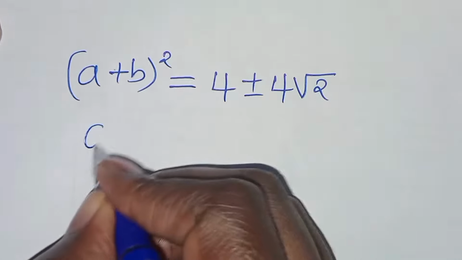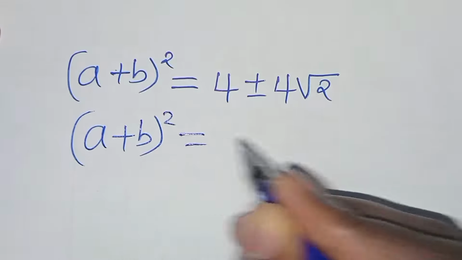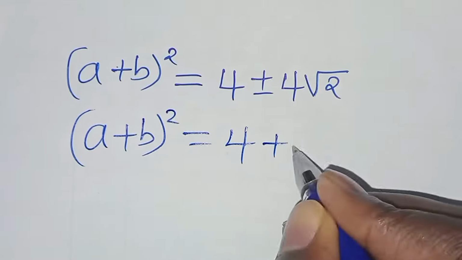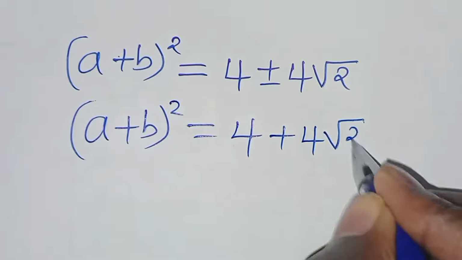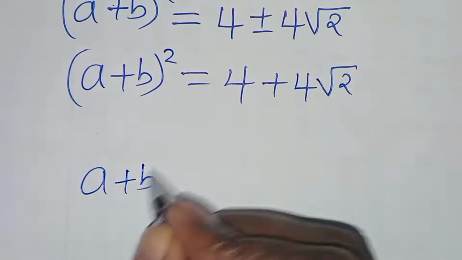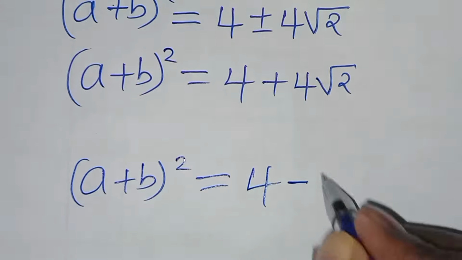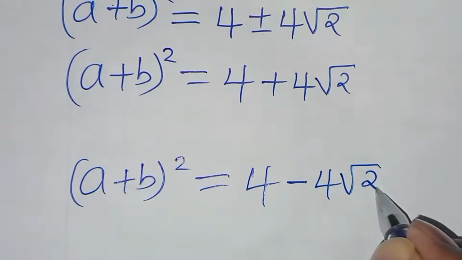Now this implies that we have two possible values of (a + b)². The first one is 4 plus 4 square root of 2. And the second is that (a + b)² is equal to 4 minus 4 square root of 2.